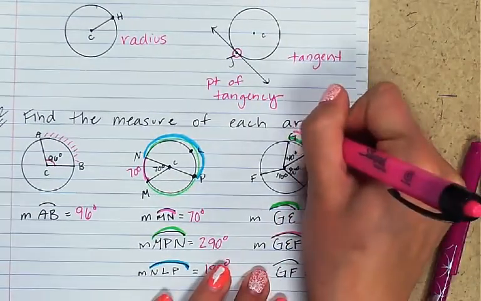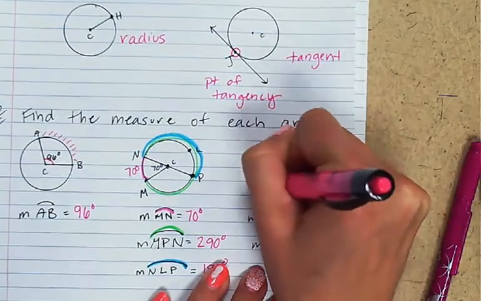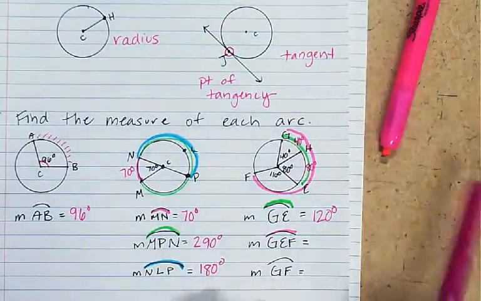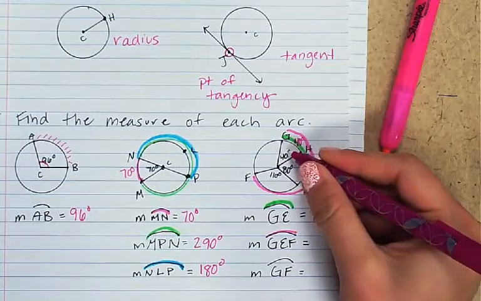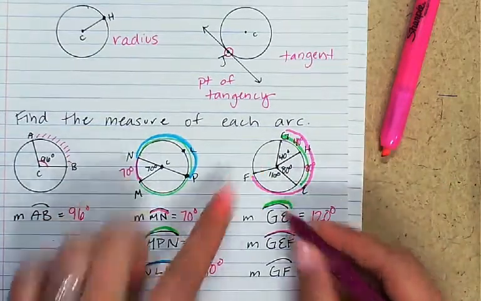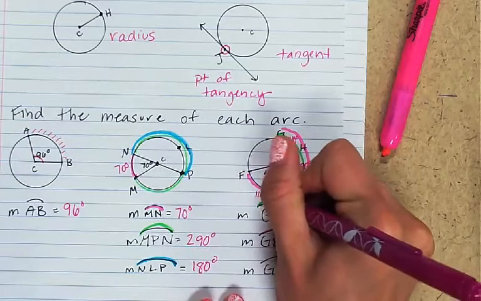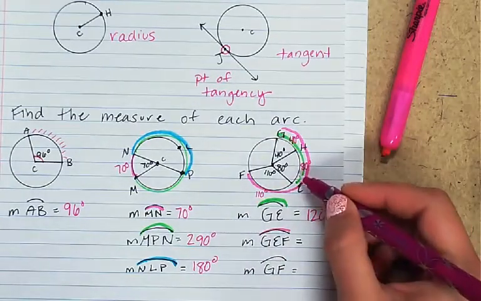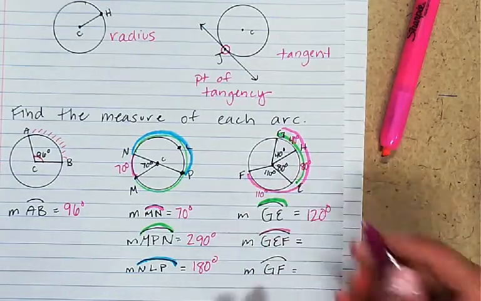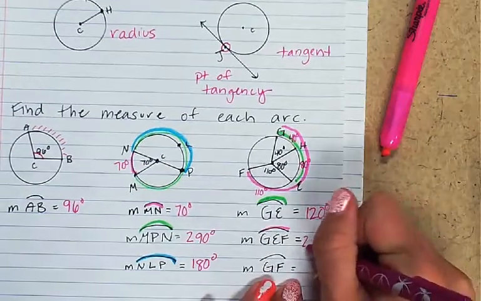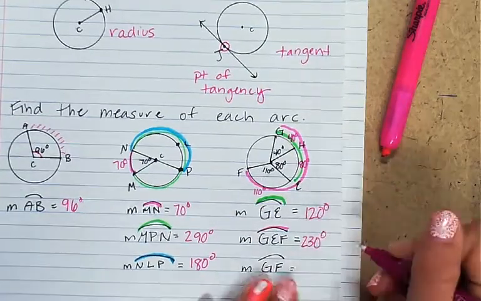So start at G, touch E, and finish at F. Okay, so this one has the 40, the 80, and then also this part here is 110 degrees. So we already know this is 120. If I add 110 onto that, that'll give me 230 degrees.